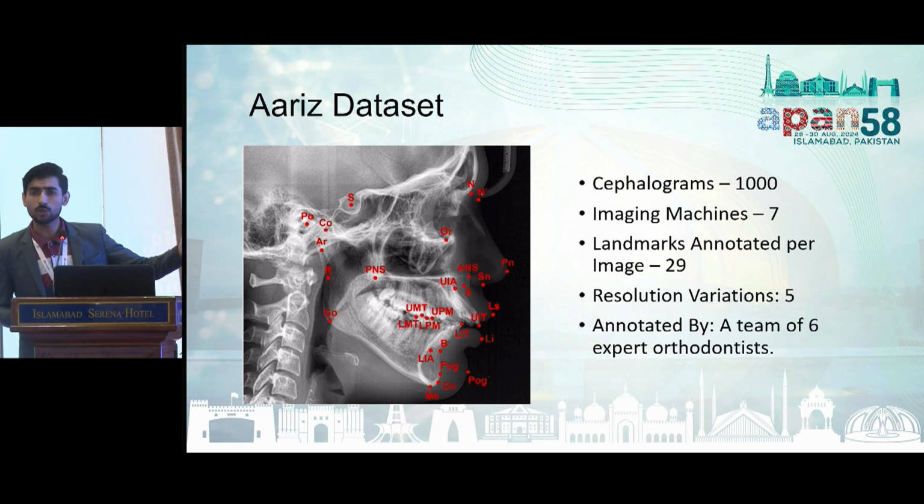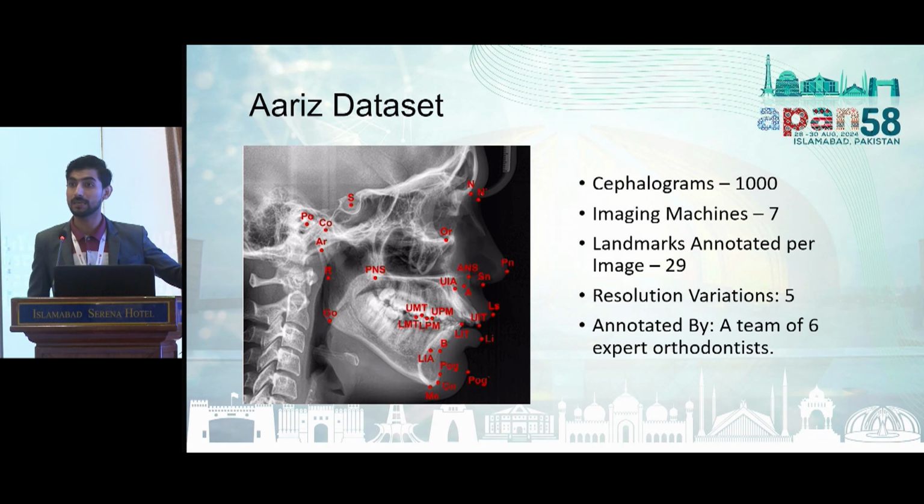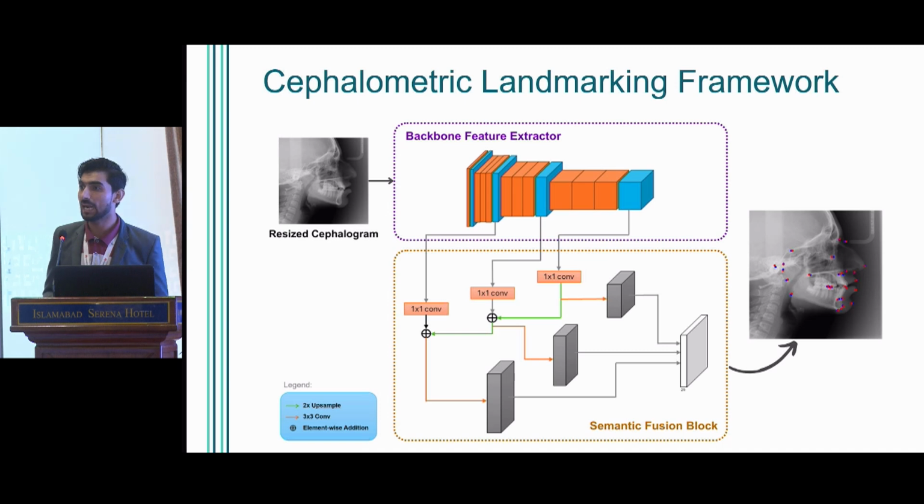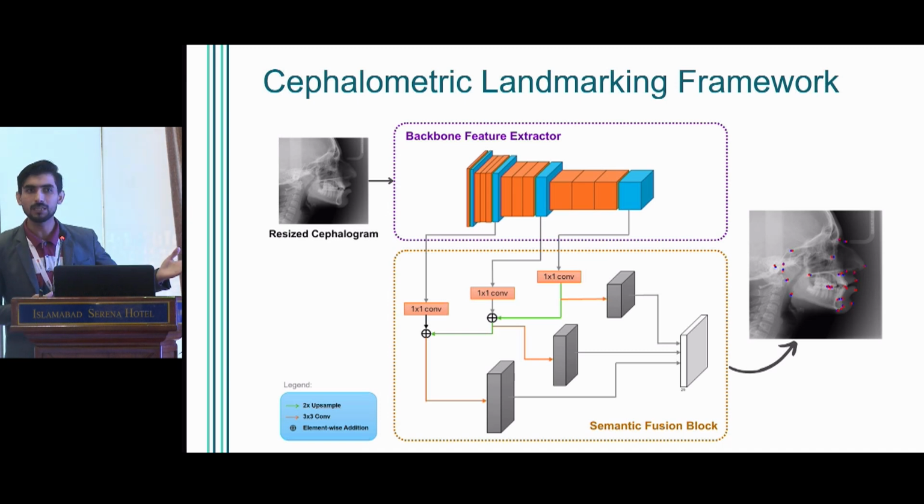The data set is not only annotated with the landmarks, but also with CVM stage classification, making our data set the first benchmark in terms of classifying the CVM stage as well. So with the data set in hand, we also came up with a baseline architecture, in which we used a CNN model.